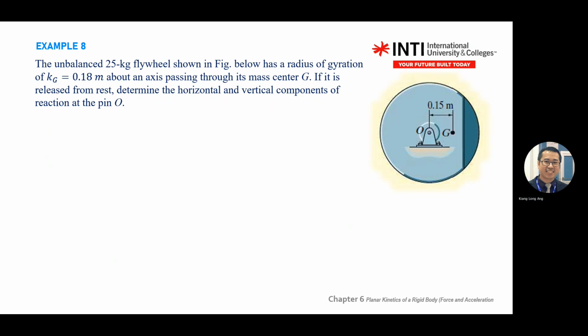Yes, this one will rotate clockwise because the center of gravity is here. It is released from rest, so this G will point down, right? The center of mass, all the mass will go through this point. So the mass will pull from here. This one will lock, so it will rotate clockwise.